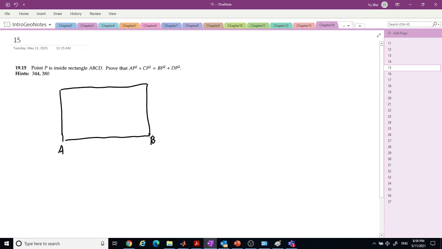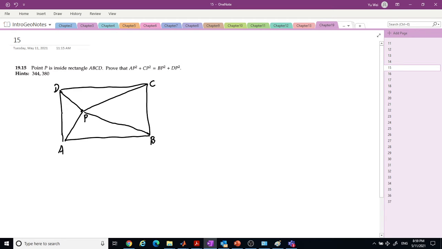Okay, then we have the P inside of the A, B, C, D. We want to prove that AP square plus CP square equal to BP square plus DP square.